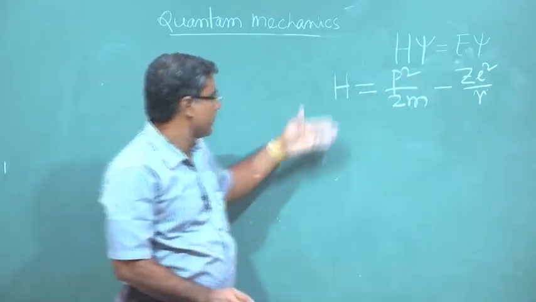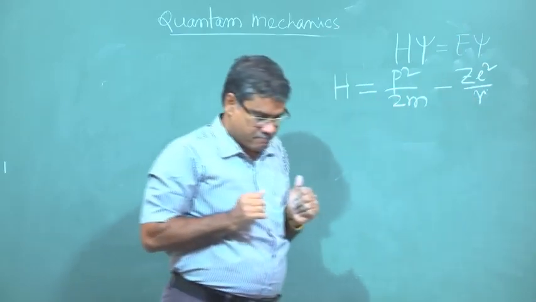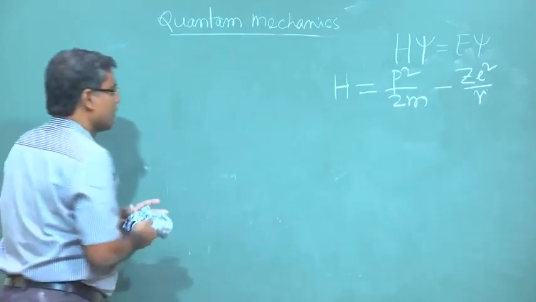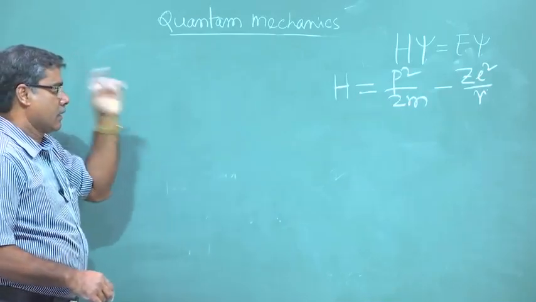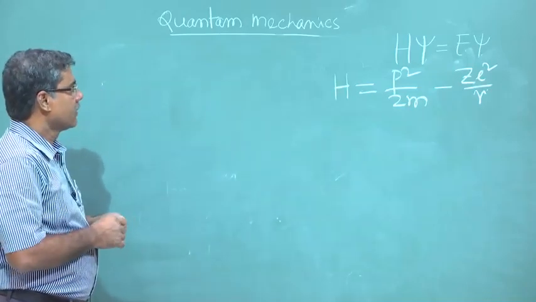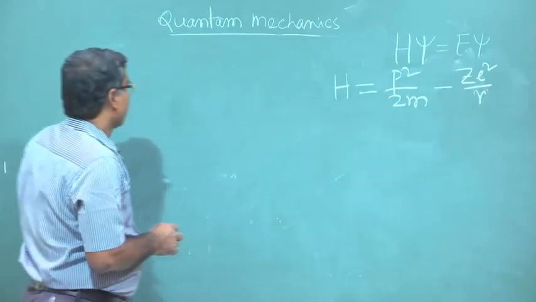So this is the Schrodinger equation, and the Hamiltonian is this. What we want to do is study the system and solve this quantum mechanically.